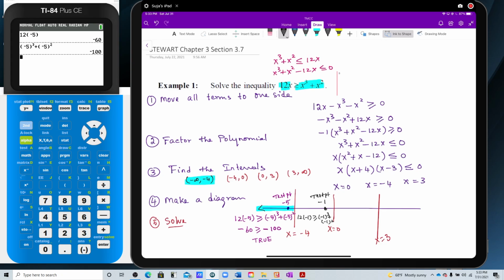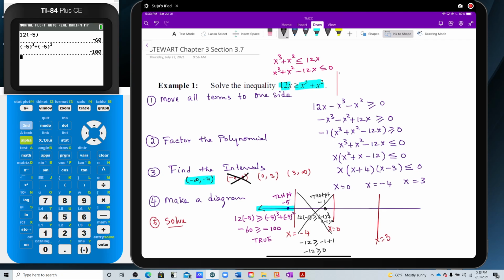So 12 times negative 1 is negative 12, greater than or equal to negative 1 cubed, which would be negative 1, plus negative 1 squared, which would be 1. So negative 12 is greater than or equal to 0. So this is false. So that piece is not going to be in my answer. Any false piece you do not include in the answer. So from negative 4 to 0 is not going to be in the answer.